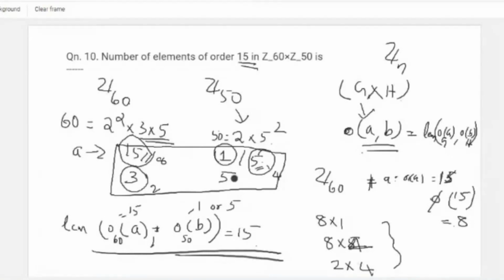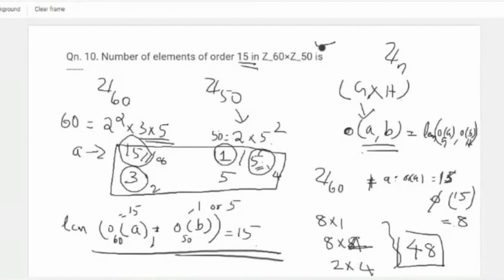Okay, the elements of order 3 in Z60 we have considered. So 8 into 1 is 8, plus 8 into 4 is 32, plus 2 into 4 is 8. So the total is 8, 40, 48. So the answer is 48 here.